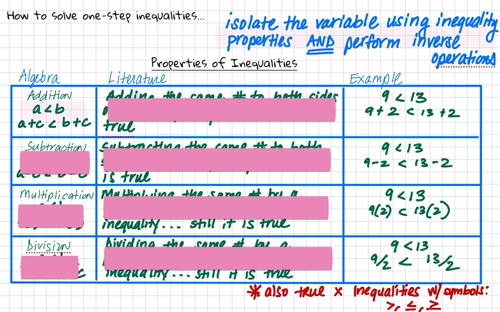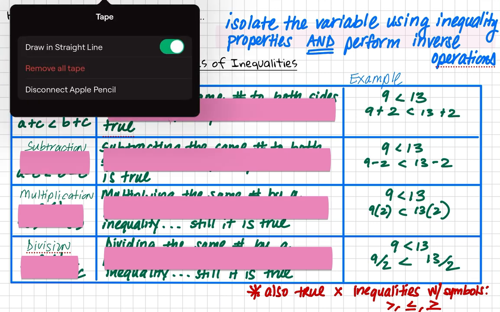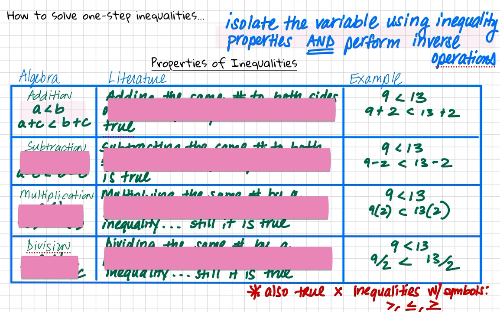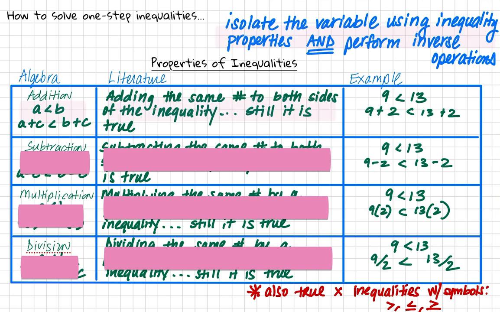But specifically for addition, you're adding the same number to both sides of the inequality, and by doing this, it still makes it true. That's the addition property.